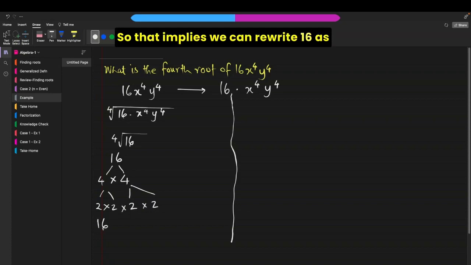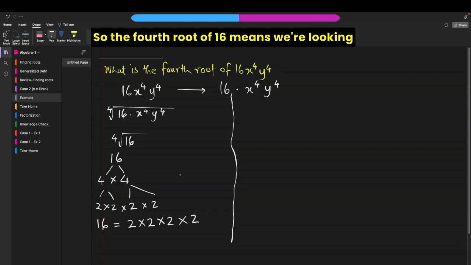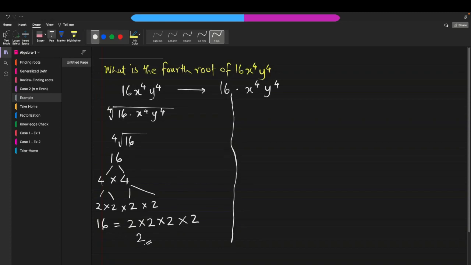So that implies we can rewrite 16 as 2 times 2 times 2 times 2. So the fourth root of 16 means we're looking for a number such that when you multiply that number by itself 4 times, it will result in 16. And that number obviously is 2.